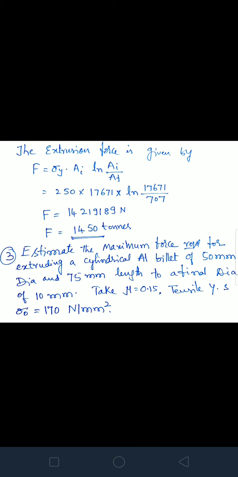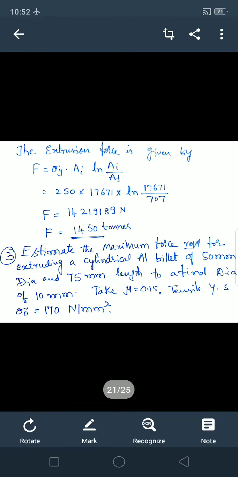The extrusion force is given by F is equal to sigma y into A into ln of A_i by A_f. Accordingly, sigma y is 250, A_i is 17,671, and ln of 17,671 divided by 707.